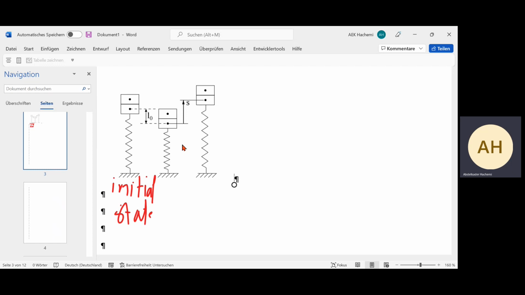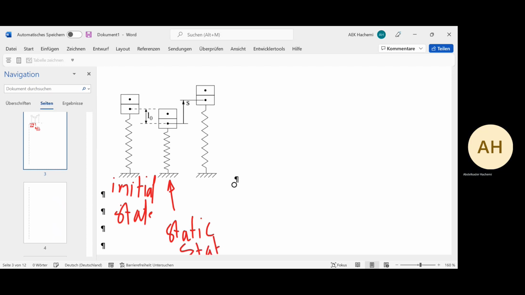And after this, there is the motion, like vibration, let's say, where we take the origin of the system at the mass M2. This is now what we call the static state. And this one is the actual state.